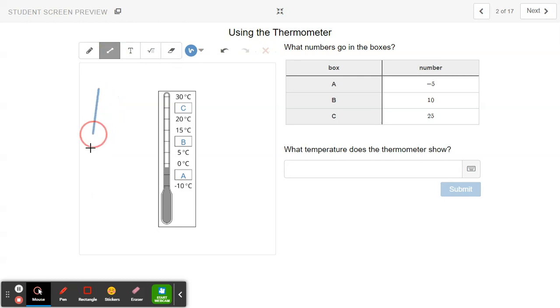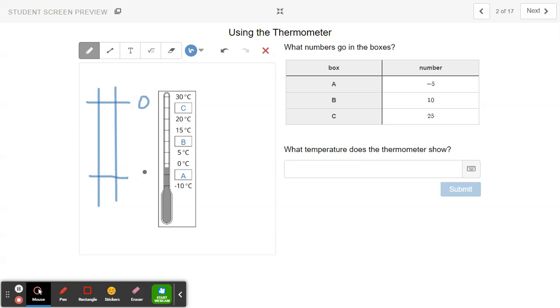If I draw, let's say that this is the thermometer, but I'm going to zero in on what we're looking at. So if this is 0 degrees and this is negative 5 degrees, I know that between those two, it's going to look something like this. There's 5 degrees.